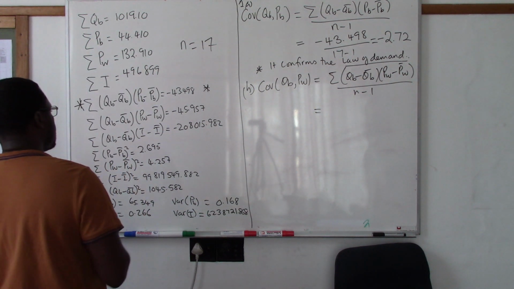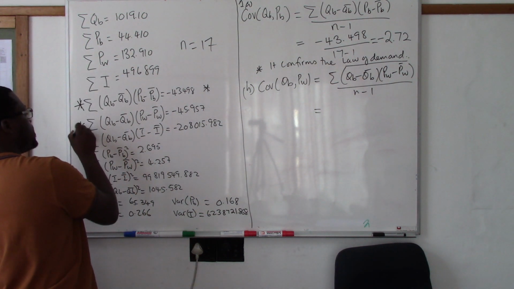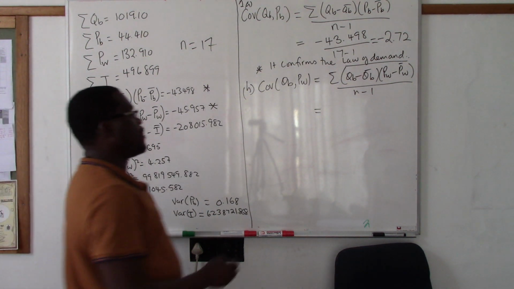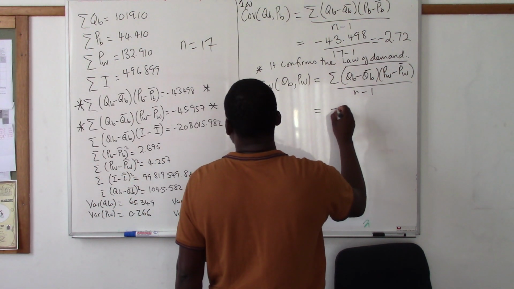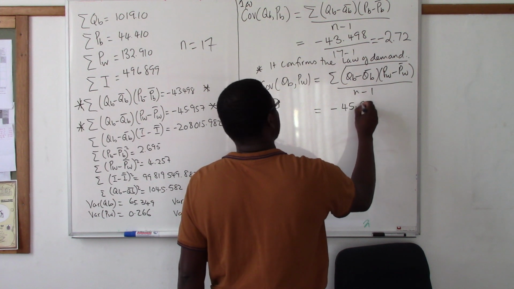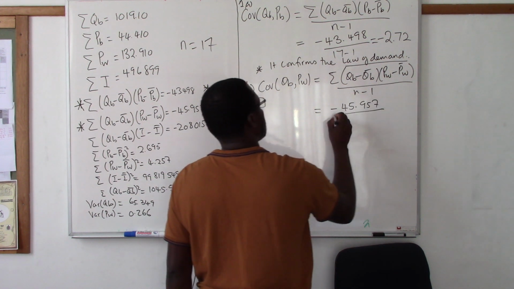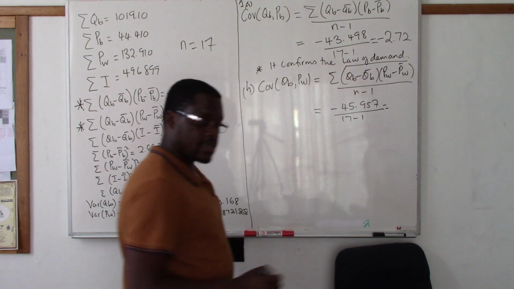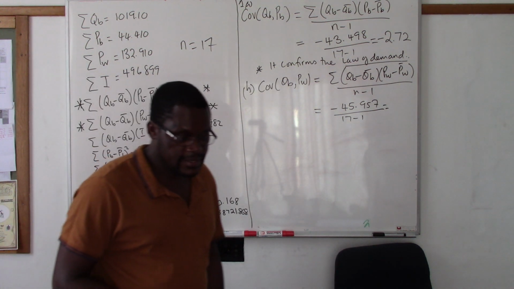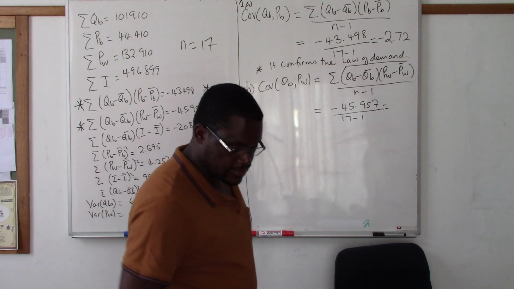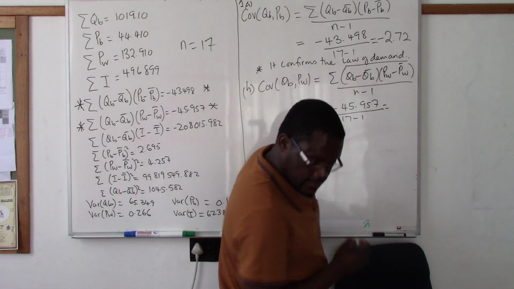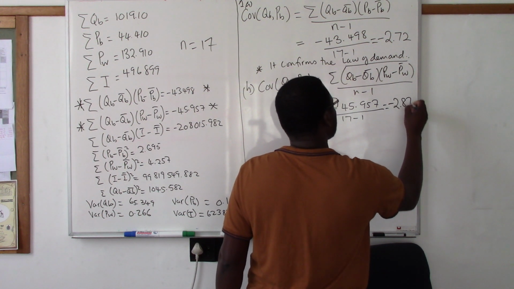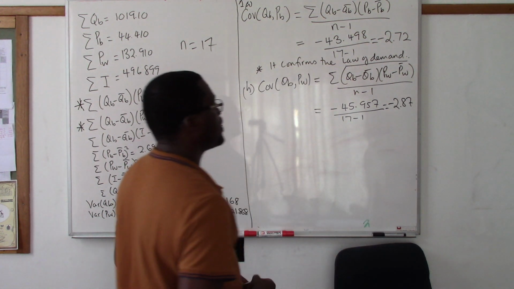The relevant summation you are interested in is this one. And so that's minus 45.957 over 17 minus 1. The answer you will get is minus 2.87.